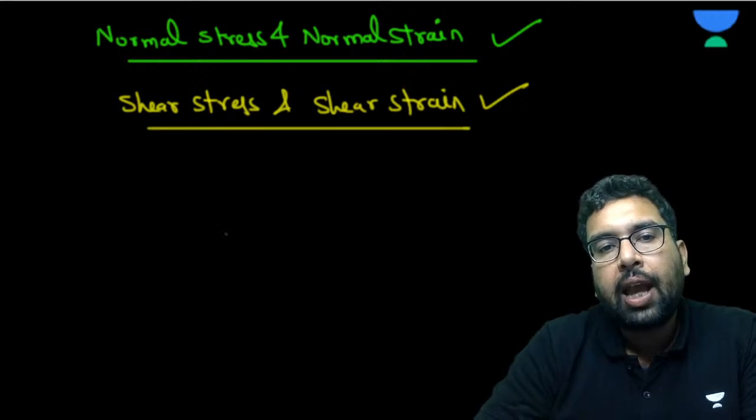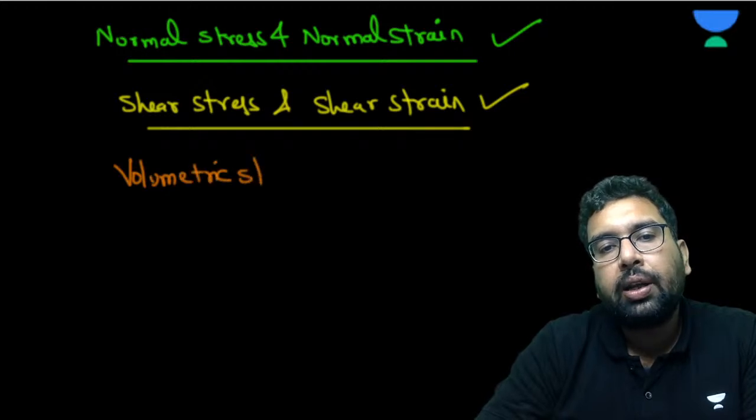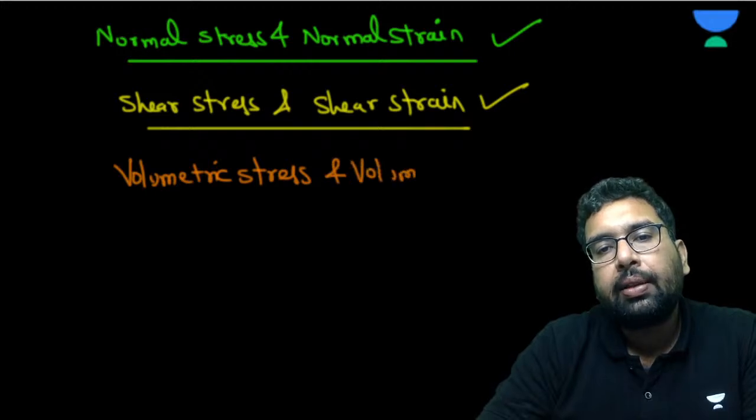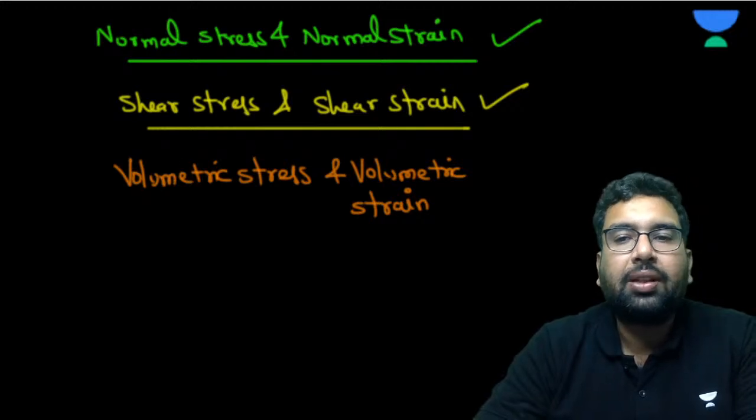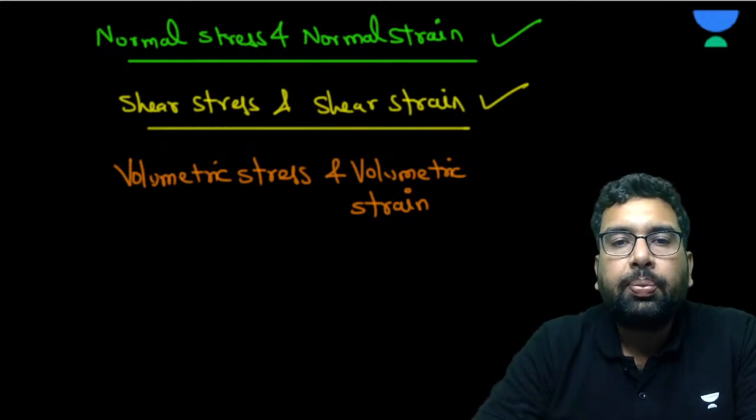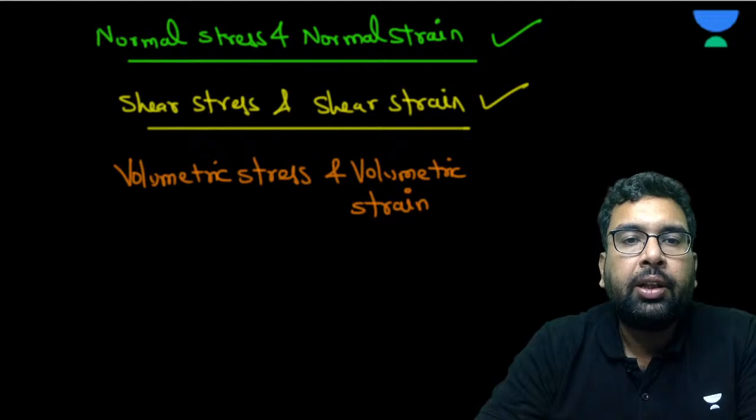Now we have one more, volumetric stress and volumetric strain. So now let's deal with this also. This is also part of this particular chapter that we deal with, volumetric stress and volumetric strain.